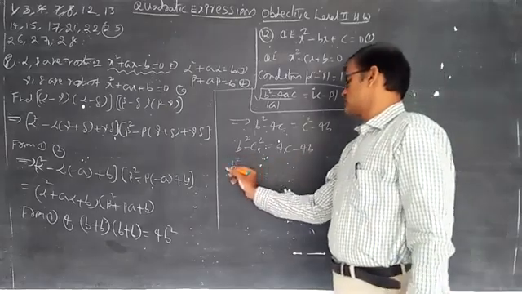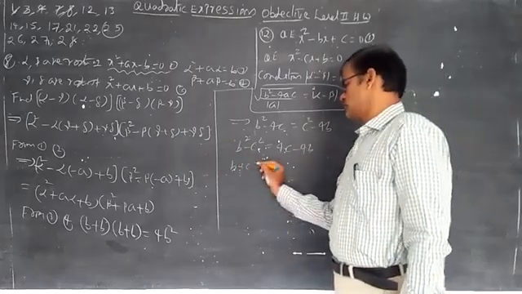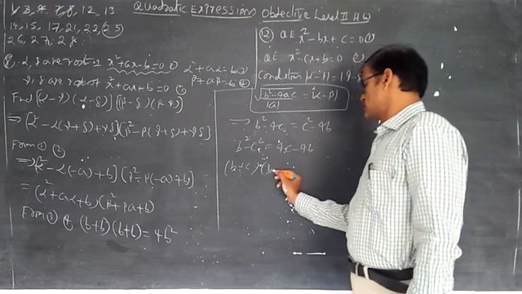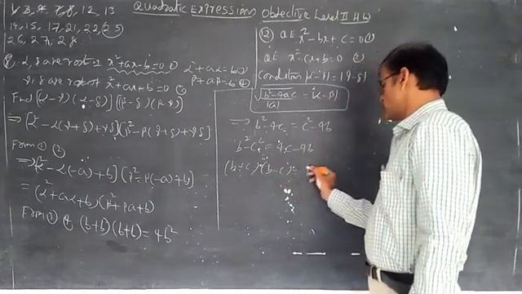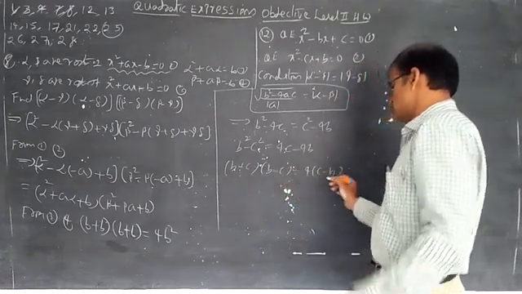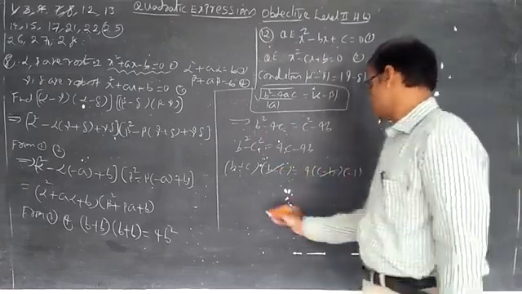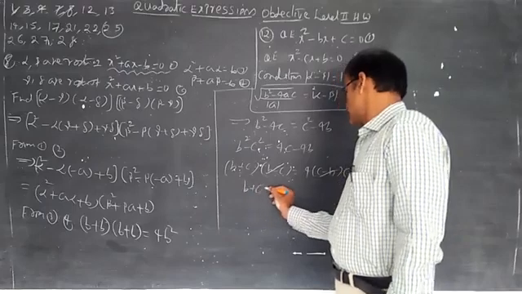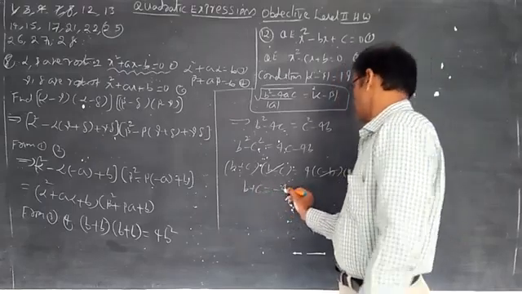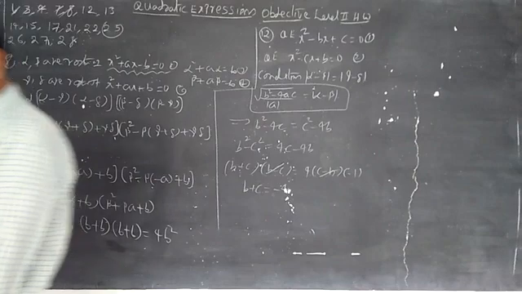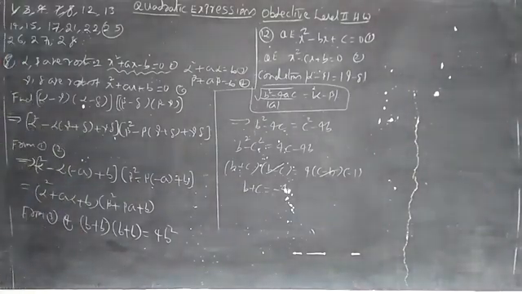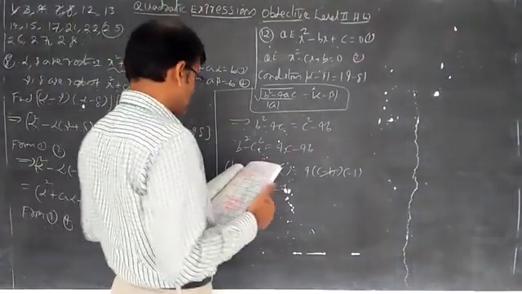So b plus c into b minus c is equal to 4 taken common, c minus b. b minus c will get cancelled, giving minus 1 times. So b plus c is equal to minus 4. Yeah, it is both the options.